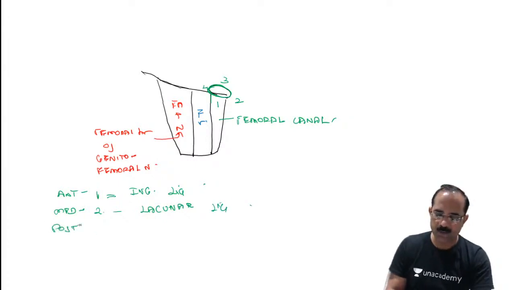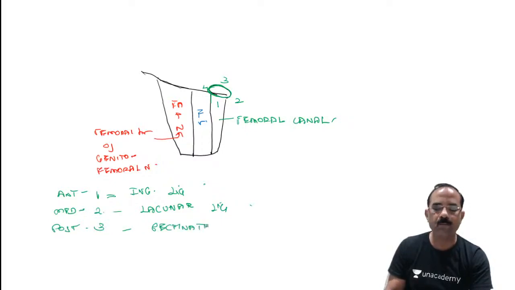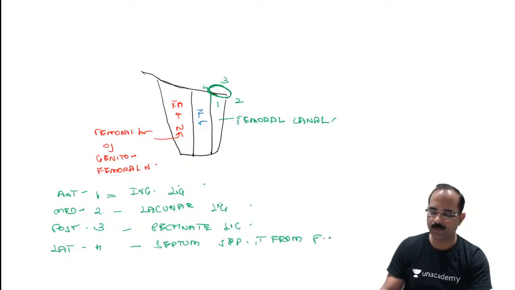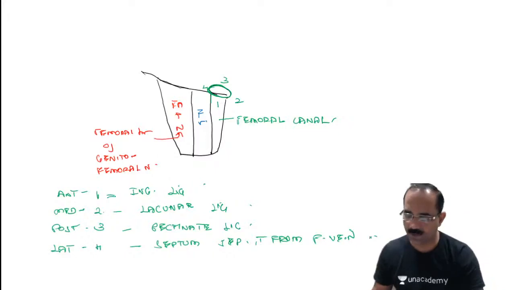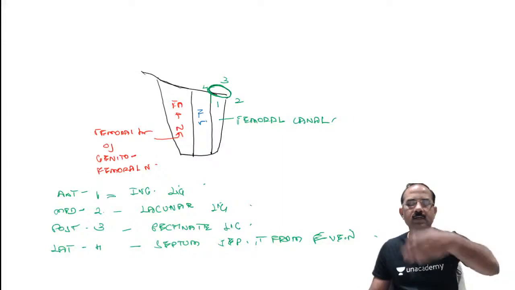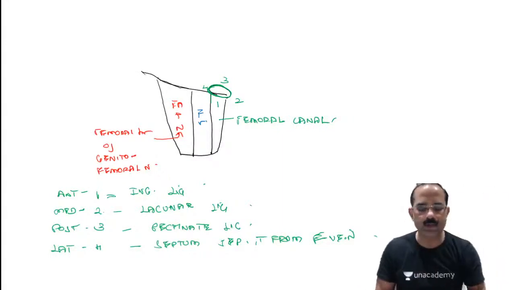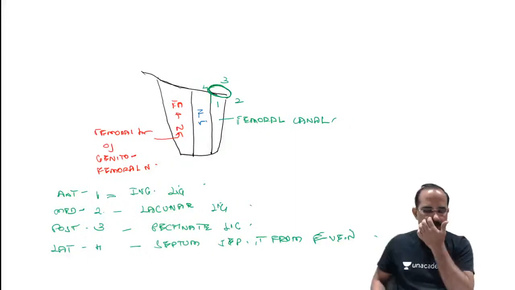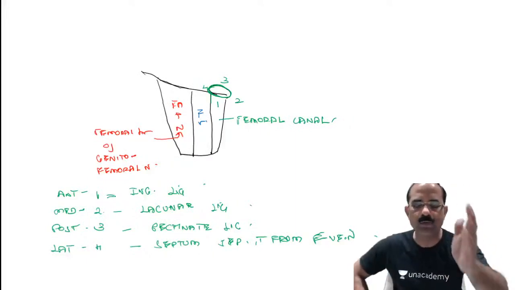The posterior boundary, number 3, is formed by the pectinate ligament, and the lateral boundary, number 4, is formed by the septum separating it from the femoral vein. So anteriorly is the inguinal ligament, medially is the lacunar ligament, posteriorly is the pectinate ligament, and laterally is the septum separating it from the femoral vein.